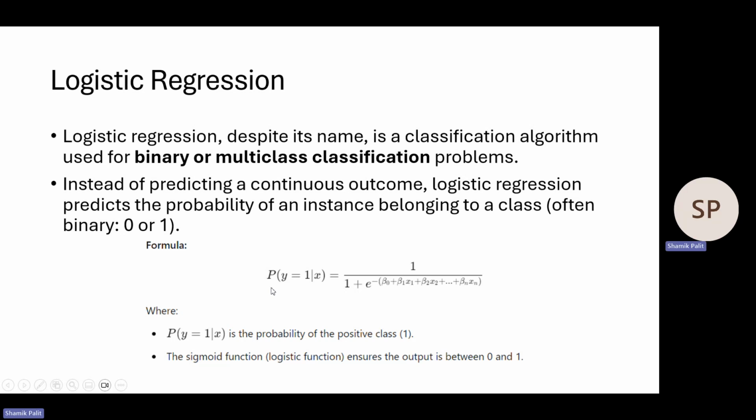Here, the linearity has been transformed into a probabilistic representation with the help of one very popular function known as the sigmoid function, which looks like an S. I have made a separate video on logistic regression using the sigmoid function, so all of you can check that to understand the basic idea behind logistic regression.